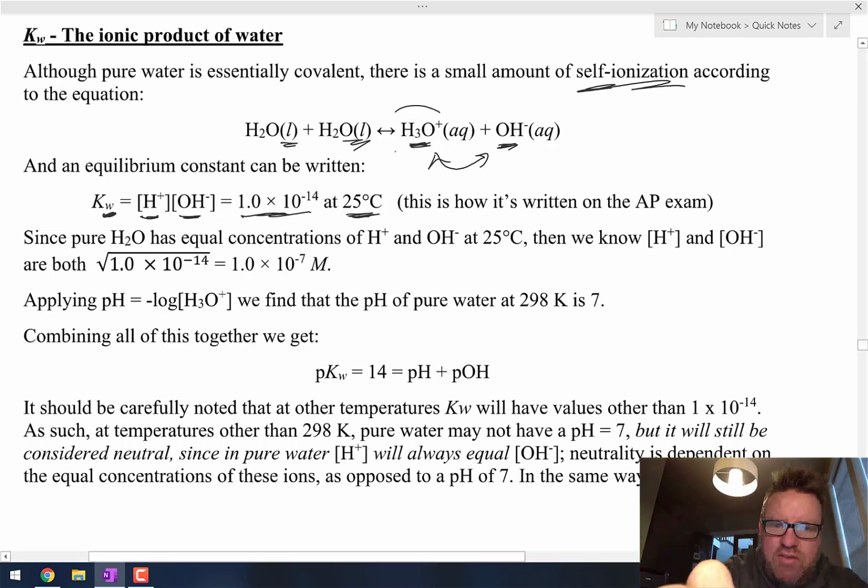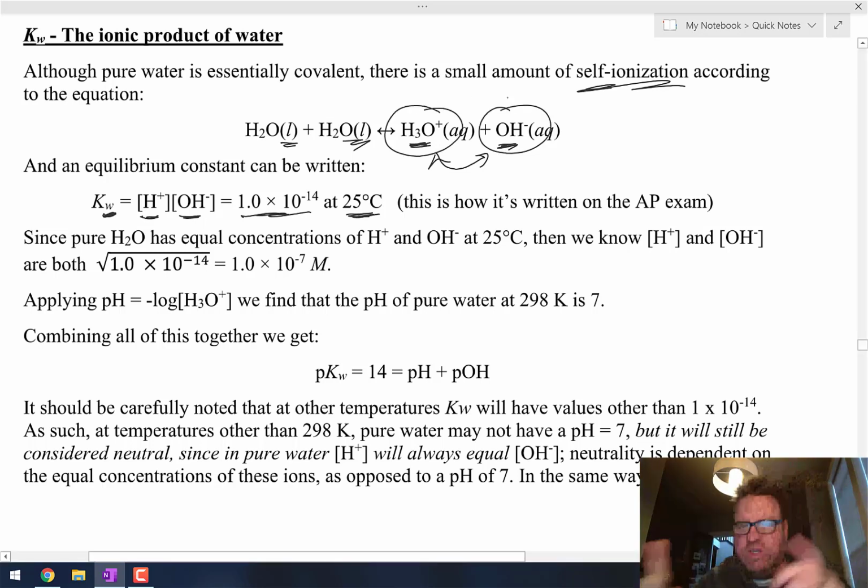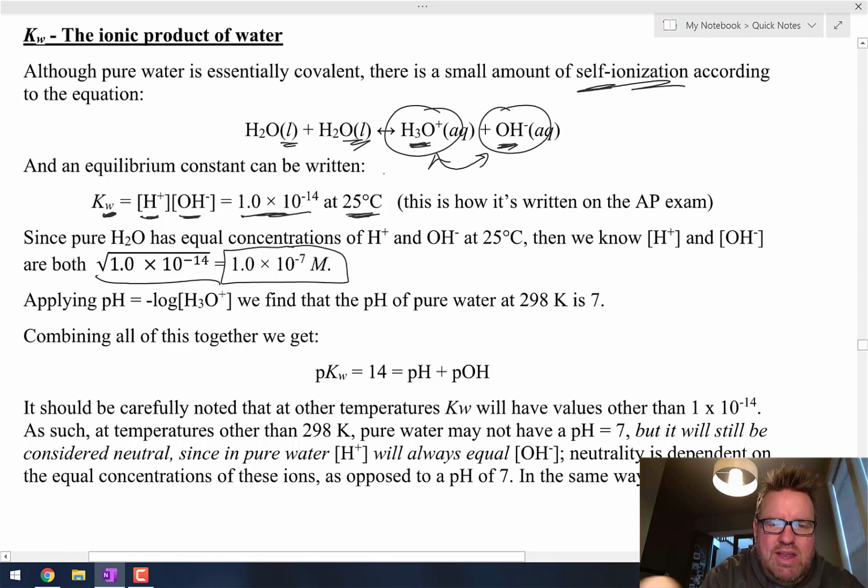Since for every one of these you get one of these, those concentrations are equal to each other. So if we take the square root of 1 times 10 to the minus 14th, we get 1 times 10 to the minus 7th. And then we find that the pH of pure water, again at 298 Kelvin, we'll talk about the temperature change in just a minute, is equal to 7.